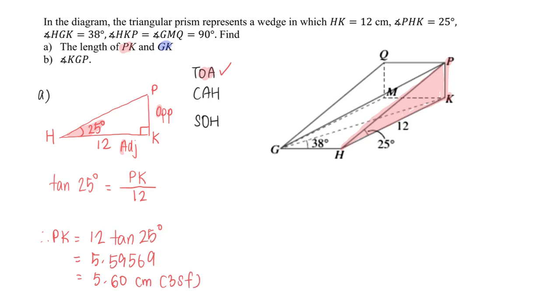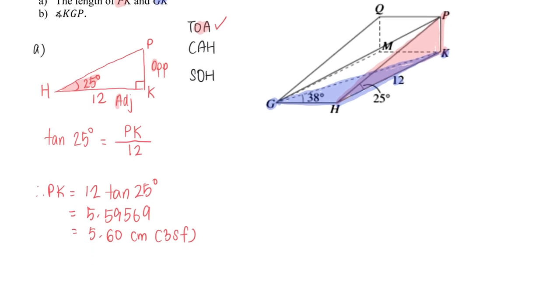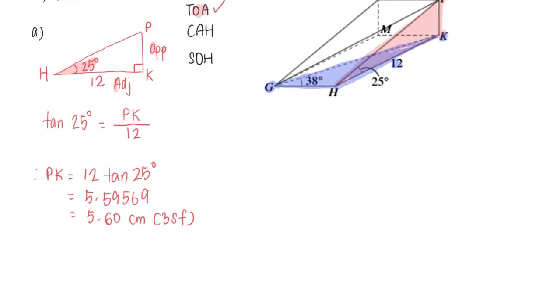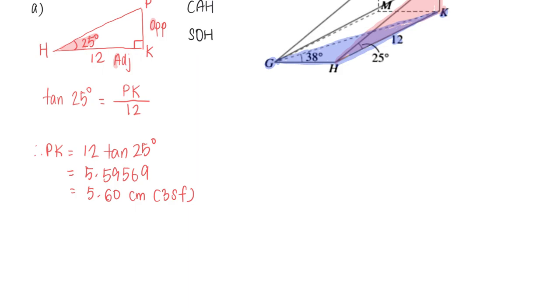And for my GK, this is lying flat down there. Since I'm given 38 degrees and 12 cm, I'm going to focus on this. And what do you think this triangle is? Yes, this is also, for my GK, I'm going to draw below.